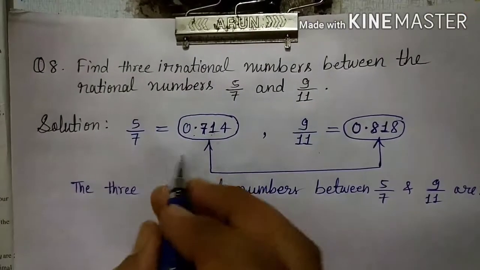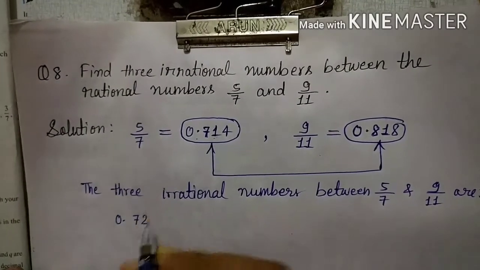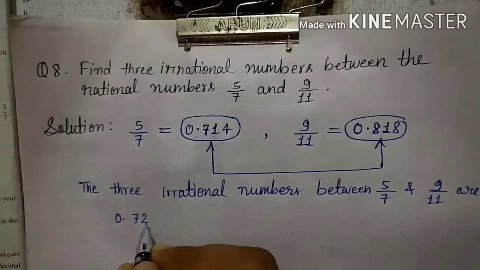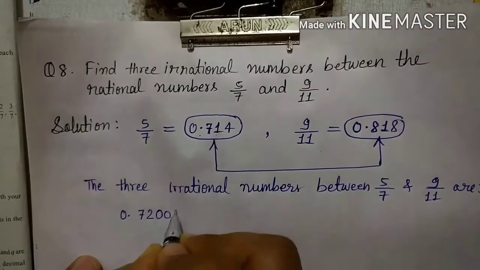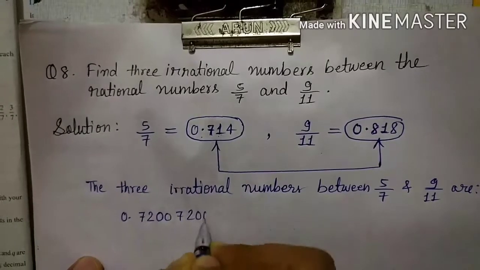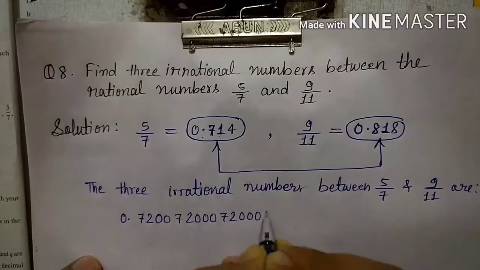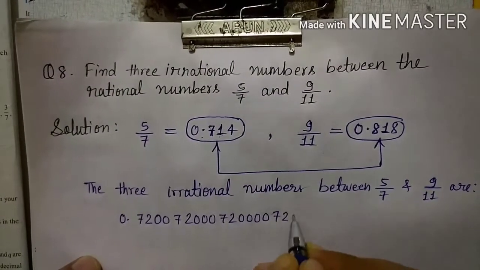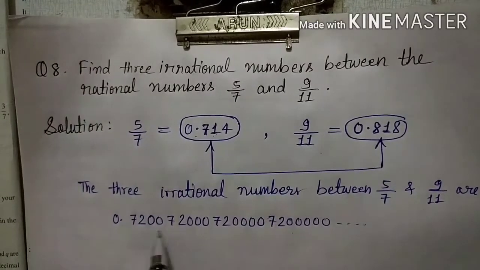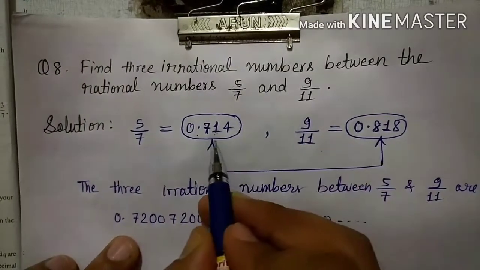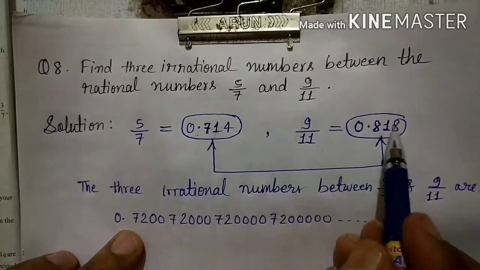We can write 0.71, then 72, but we have to form it into an irrational number. So we can write 0.72, then 0.72000, then 0.72 14240, then 0.72 123450 and so on. Now it becomes an irrational number. Just check, 71, 72, 81, so it is coming between these two numbers.